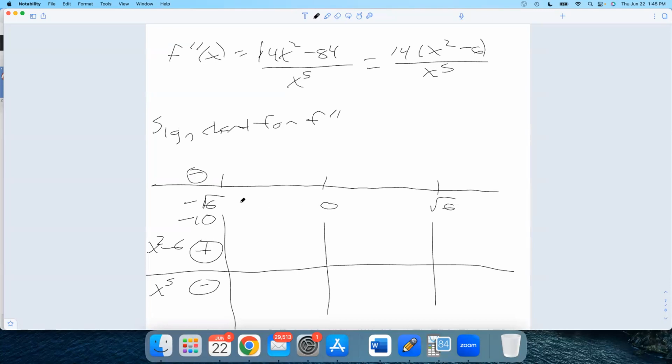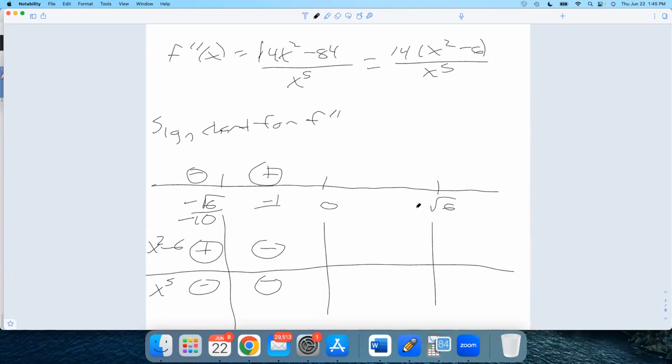We plug in anything into this region. I'm going to use, I don't know, negative 1. These are my test points here. Negative 1 squared is 1 minus 6, negative 5. It's a negative. Negative 1 to an odd power is a negative. 2 negatives makes a positive.